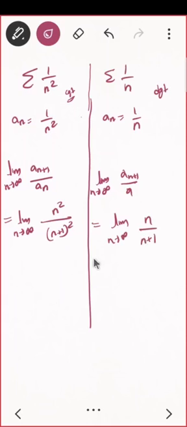Agree? What is the limit? What is the value of the limit? Anyone? Quickly. 1. Same here also.